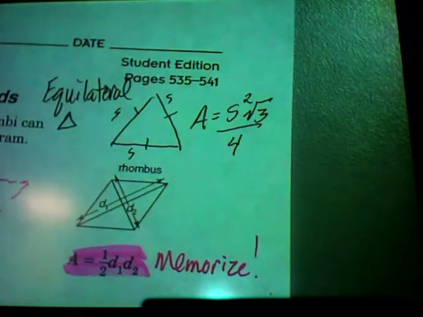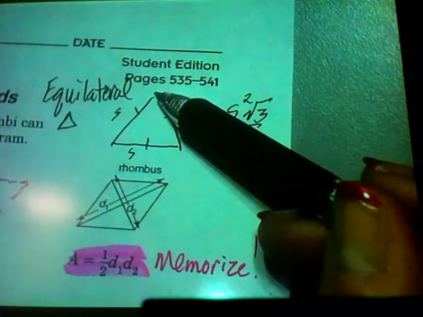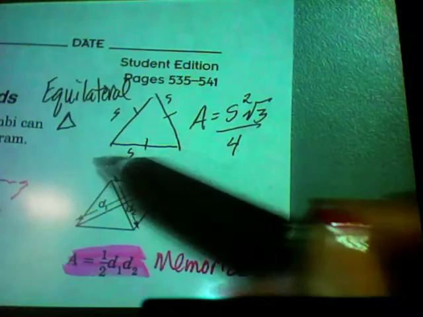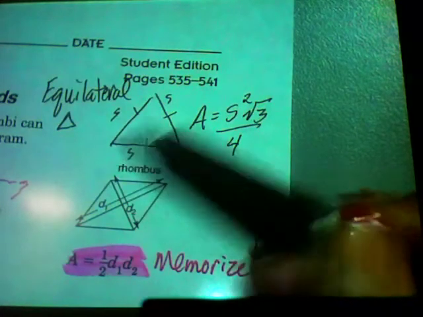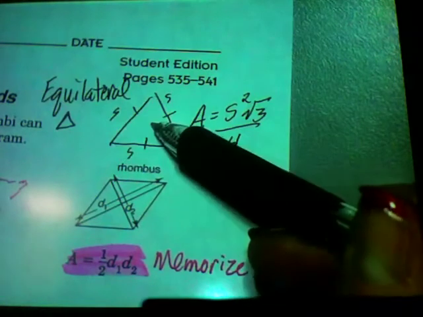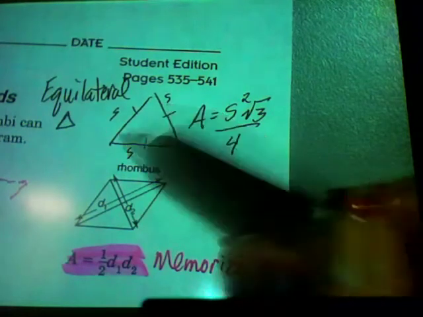I will show you how it's derived later, but it's essentially derived from your 30, 60, 90 triangle. Remember, if you take an altitude from one of the vertices straight down to the other side, it cuts this in half, and you end up with a 30, 60, 90 triangle. And across from 60 degrees, isn't there rad 3? True or false? Across from 60 is rad 3, right?